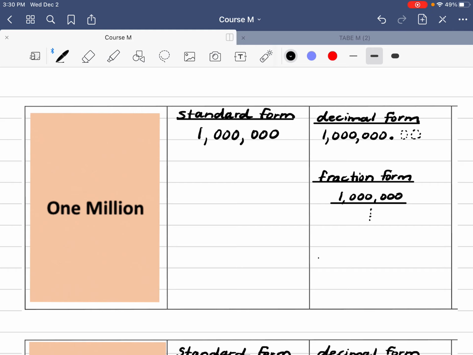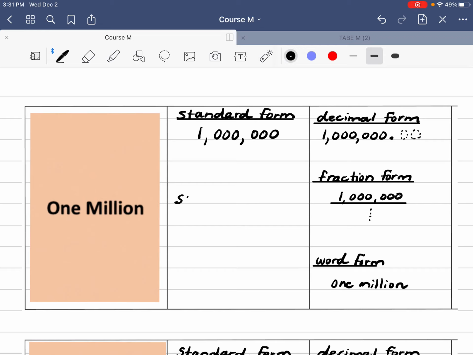Word form we've already got, but it's good practice to just put it in there. 1 million. You need to learn to spell these if you don't know how to spell them already. Notice it does not end in TH. It's 1 million.